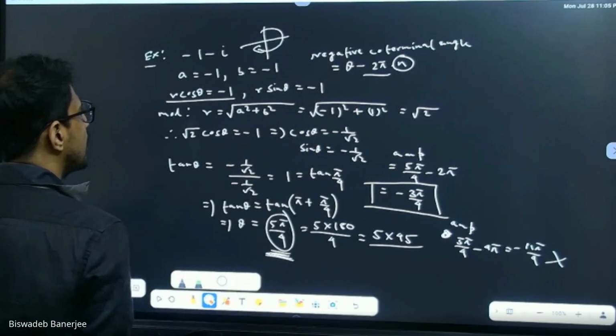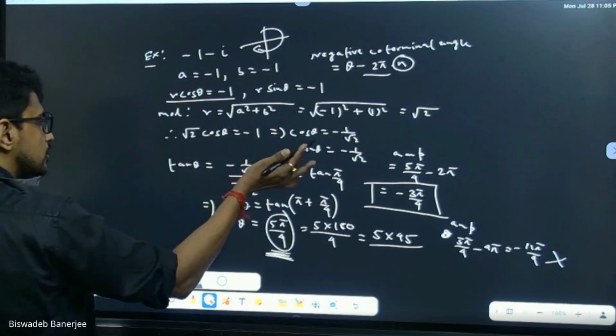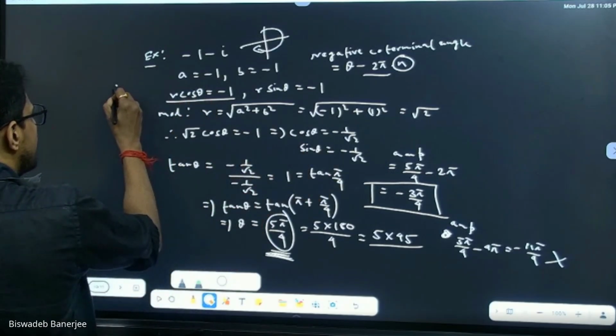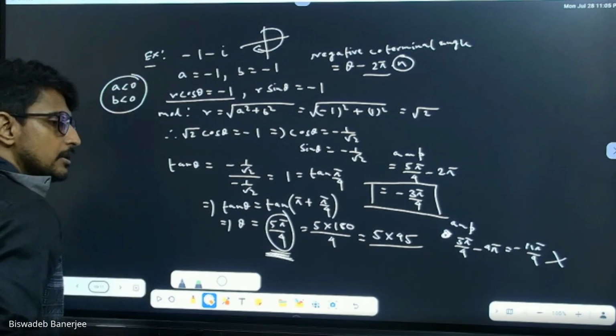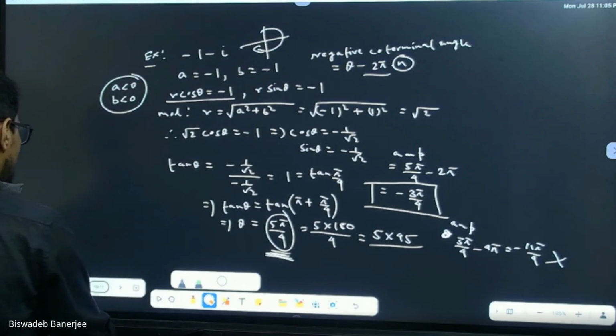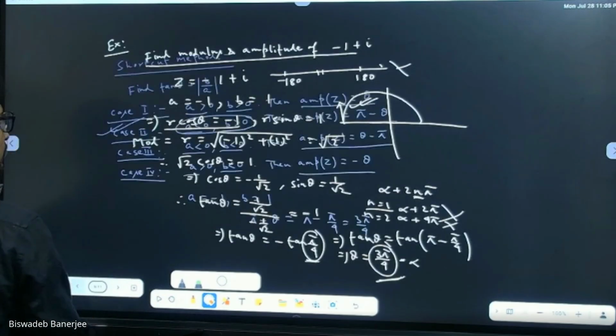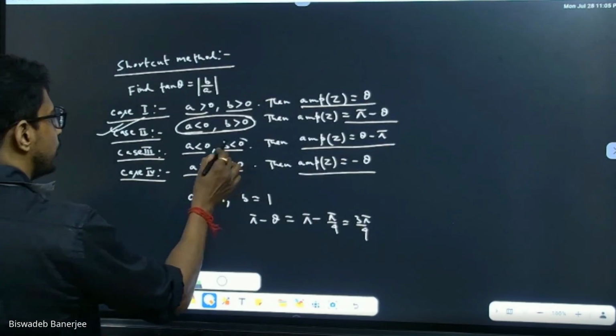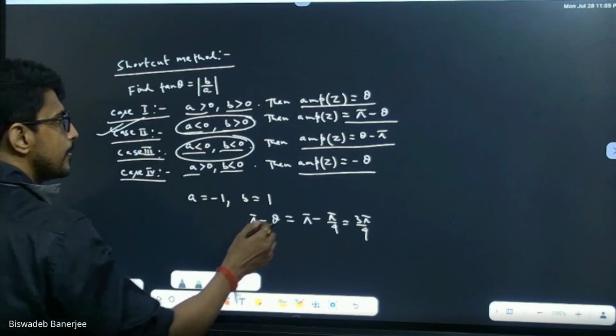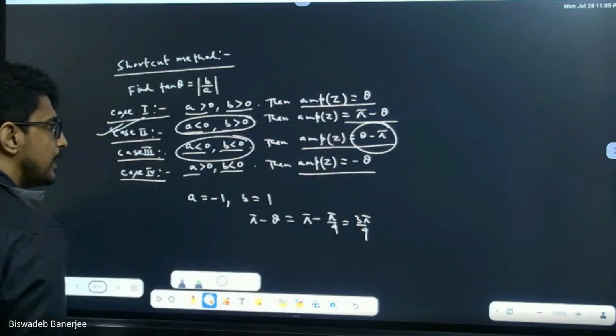And if we use the shortcut method, here my A is negative and my B is also negative. In that case, the theory says that if A and B are both negative, my amplitude will be theta minus pi.